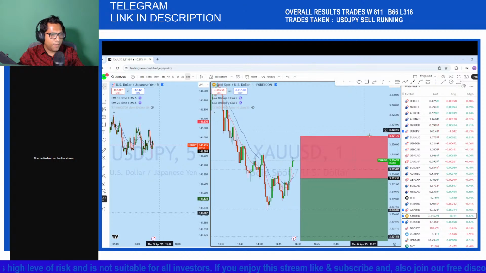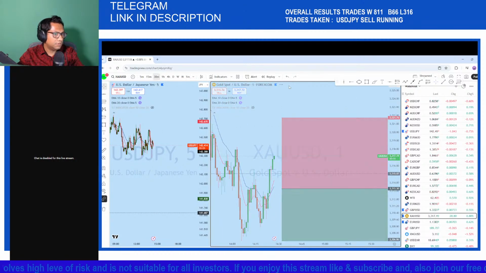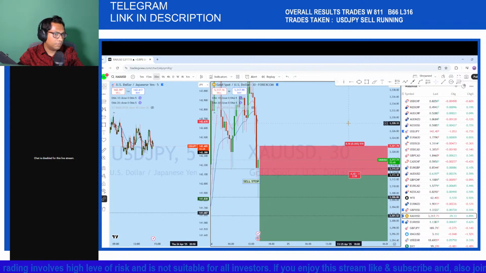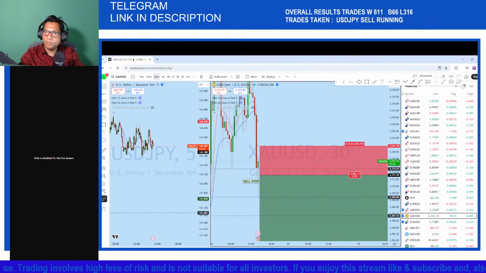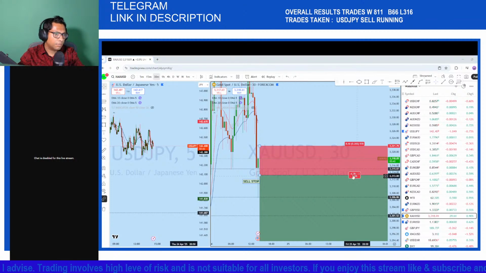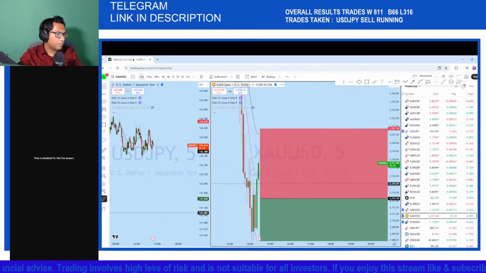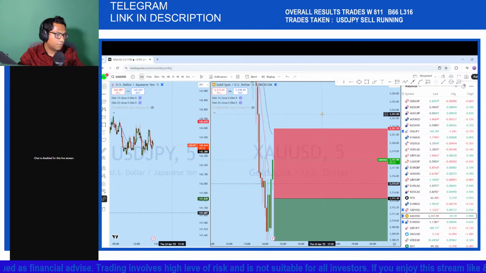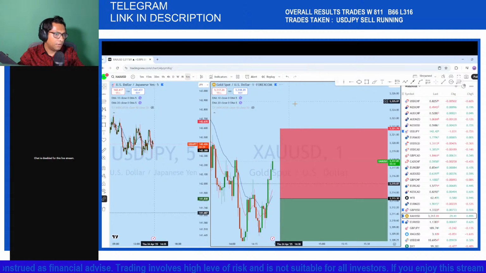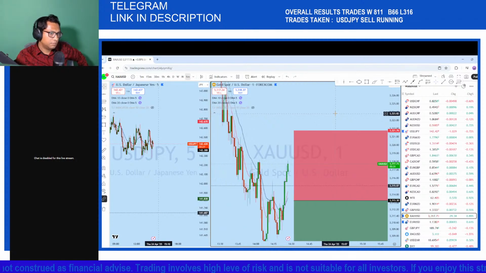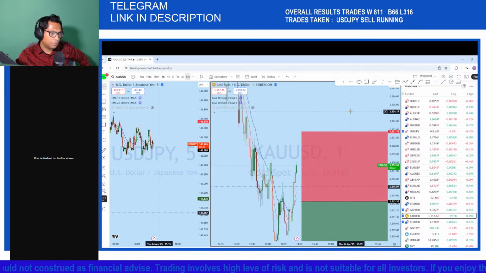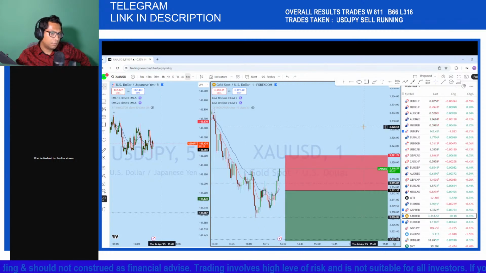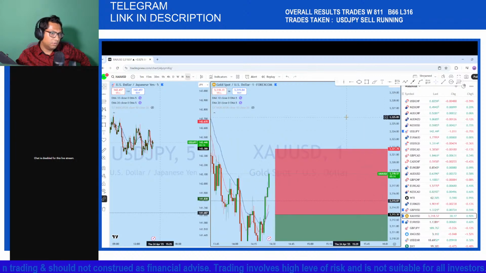Now here this one, looking at the... so... like to see if it is a red trend reversal.